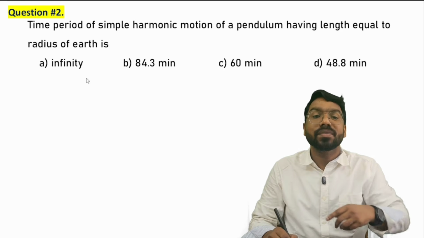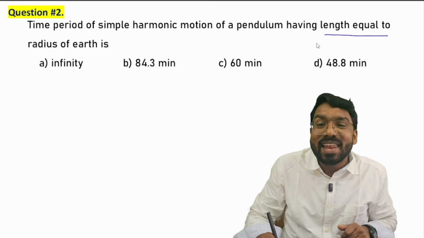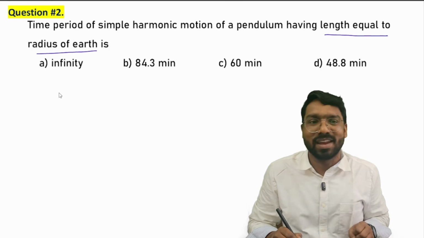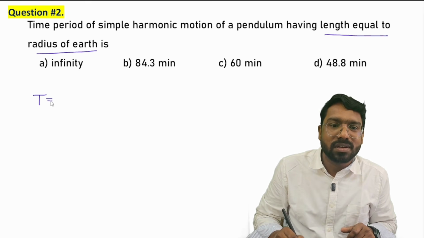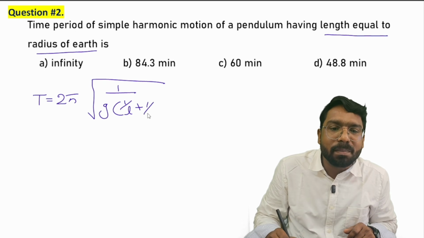Question number 2. Time period of simple harmonic motion of a pendulum having length equal to radius of earth. What will be the time period? That's the question. So time period equation, 2 pi root 1 by g into 1 by L plus 1 by r.